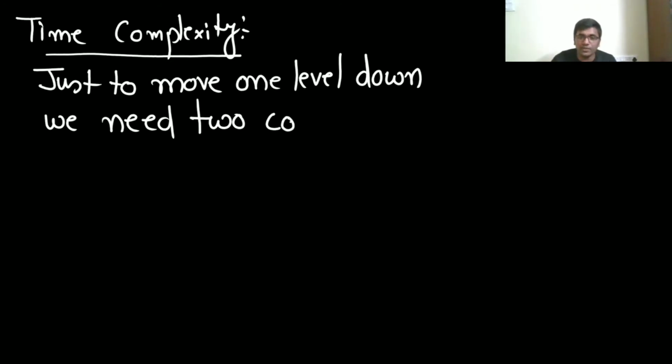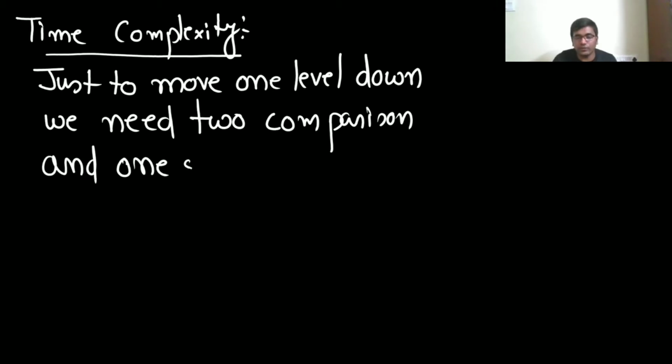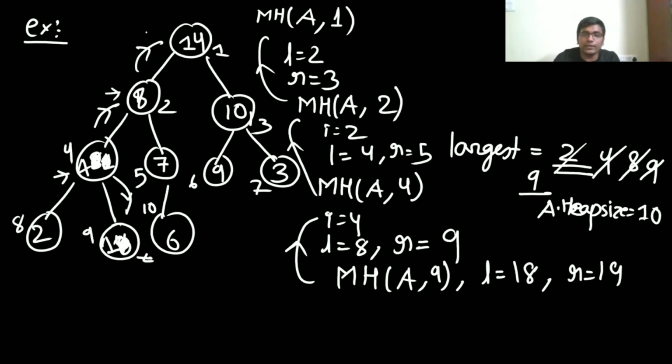We are comparing with the left child and then the right child. We need two comparisons and one swapping. We are doing two comparisons and one swapping. See, just to go one level down, we are doing one comparison, then another comparison, two comparisons, and one swapping.